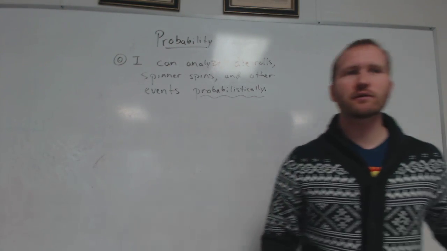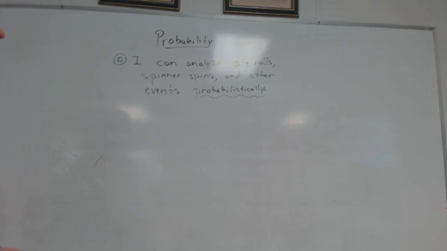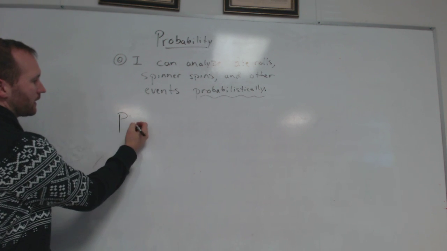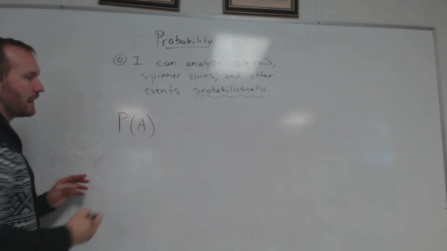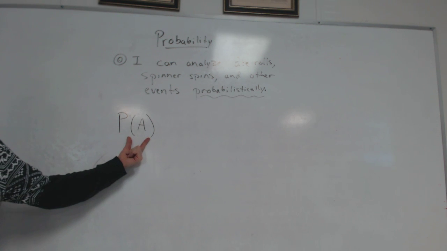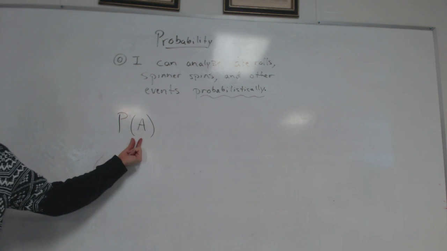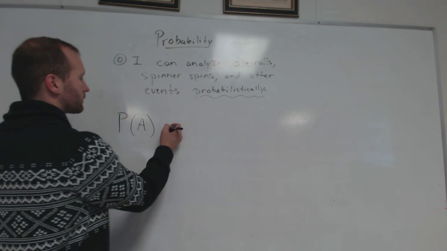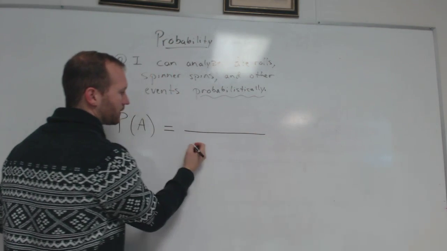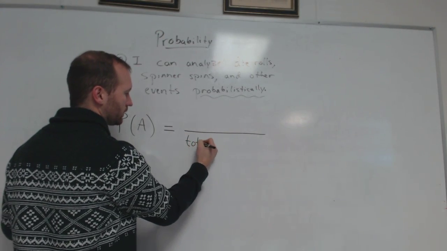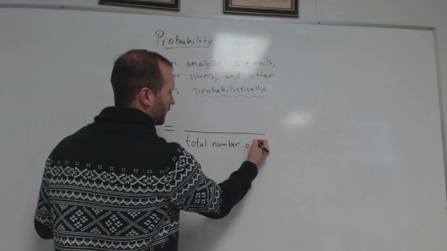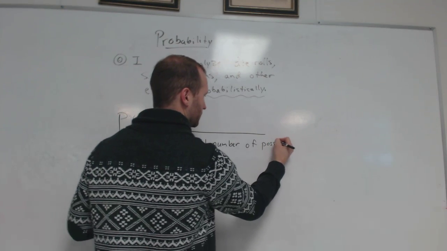So I am going to do some review since we didn't record the lecture yesterday. We'll start with just the definition of what probability is, right? So the probability of any event A. Remember, we talked about the P parentheses is how we show probability of an event is equal to the total number of possible outcomes.